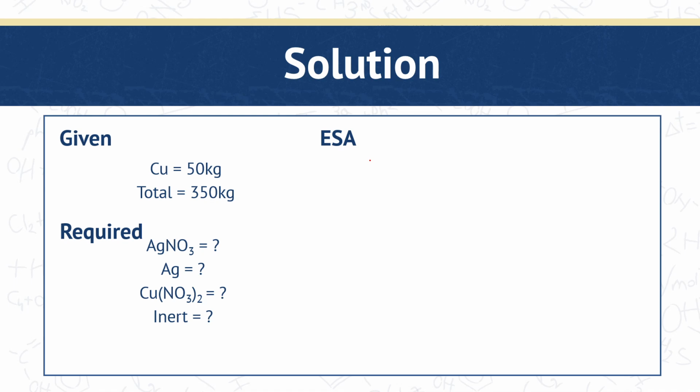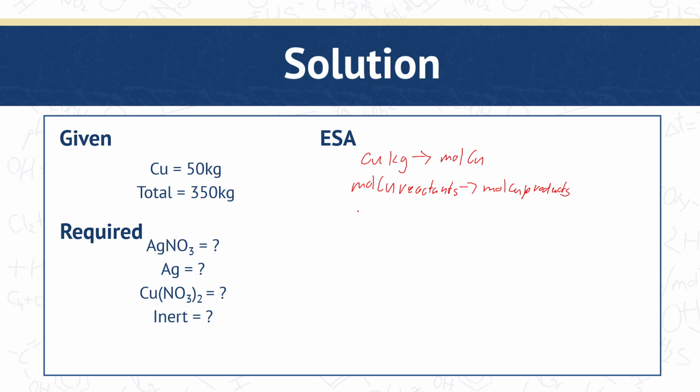As for the solution steps that we are going to use, first we are given the mass of copper within our system, but we need to turn this into the moles of copper within our system. And since we know that these moles of copper start out in our system, specifically in the reactants, the moles of copper in our reactants must then equate to the moles of copper inside the products.